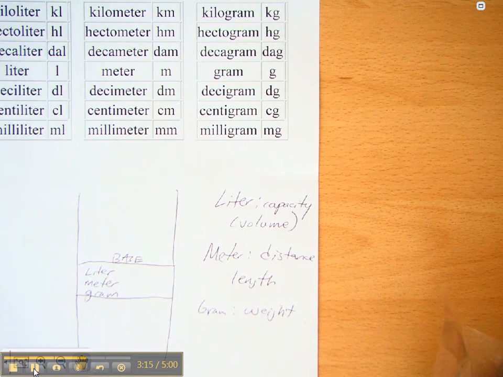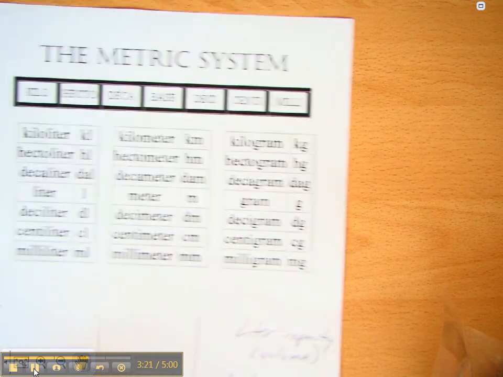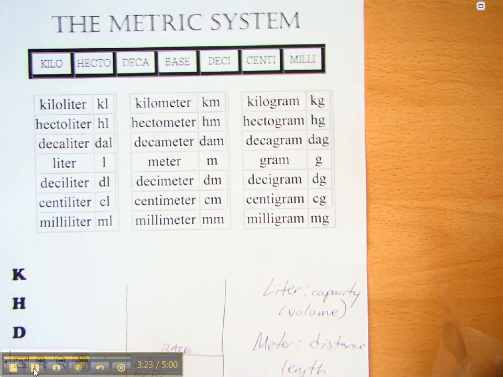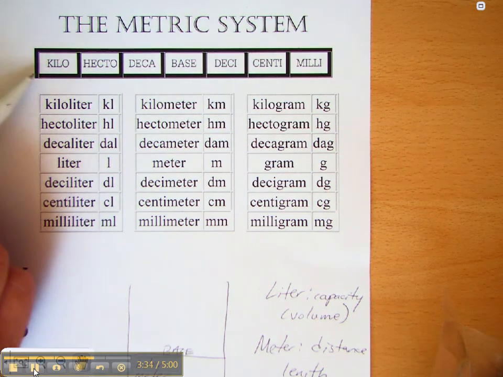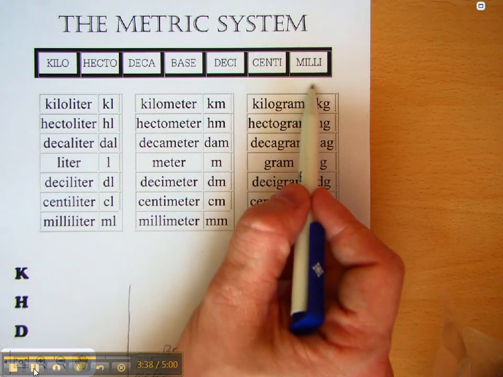So these are the most important ideas to take out of this very first introduction tutorial, and it is this. The metric system was developed to talk about measurement. So whether you're measuring capacity or distance or weight, you use the metric system to do that. Kilo is the largest part of that metric system. Milli is the absolute smallest, okay?